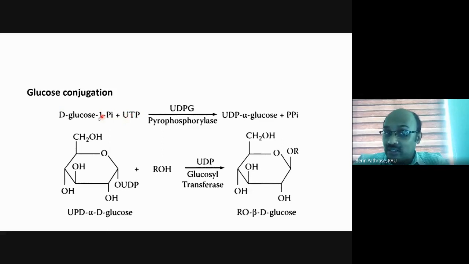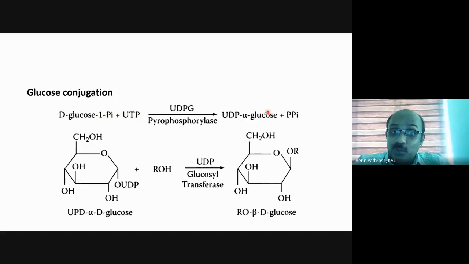Uridine diphosphate glycosyl transferase is the enzyme. So this UDP will get transferred to glucose and form UDP glucose. UDP glucose means glucose gets activated into a more energetic molecule.